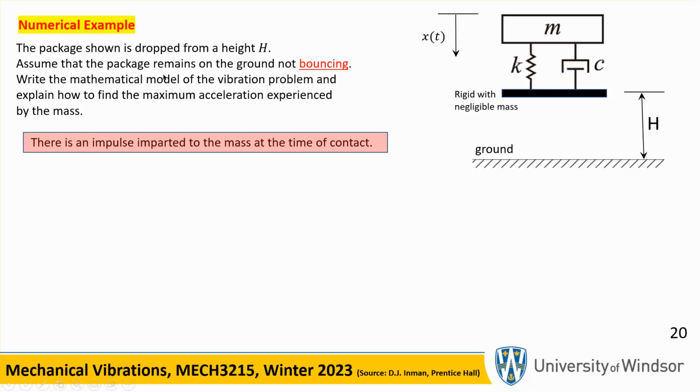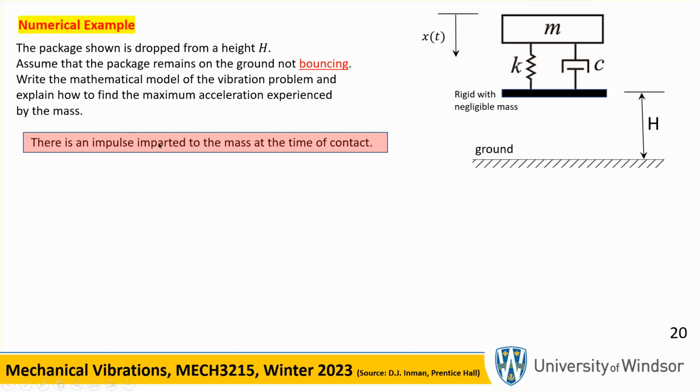First of all, we write the mathematical model of the vibration of this problem, because when this thing hits the ground, the mass starts going up and down. You want to write the equation of motion for that, and find the maximum acceleration experienced by this mass.